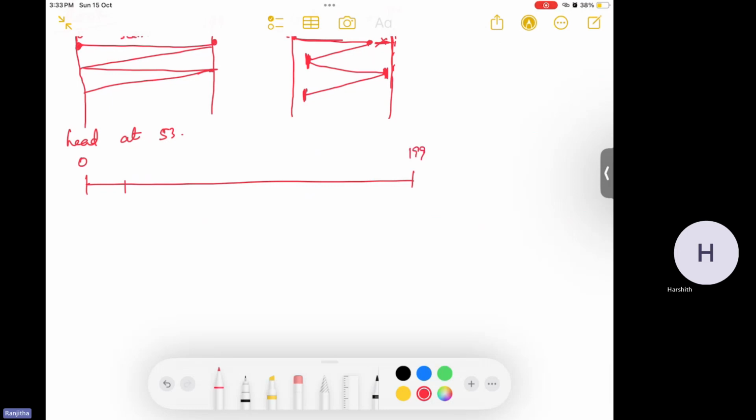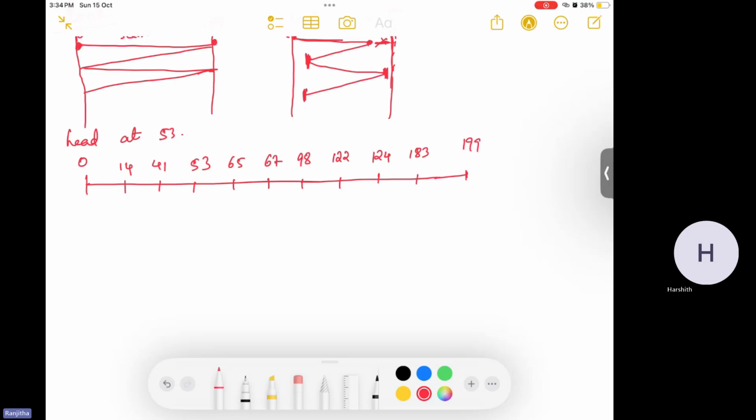We have 14, 41, 53, 65, 67, 98, 122, 124, 183, and 199.